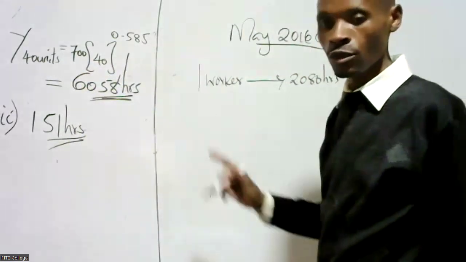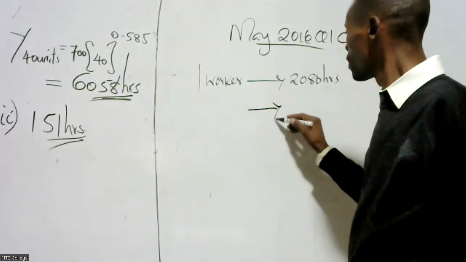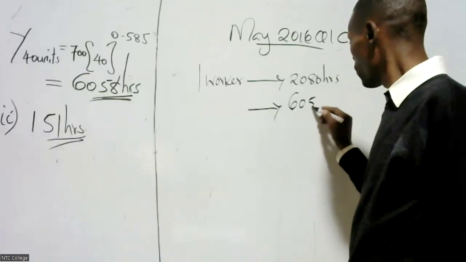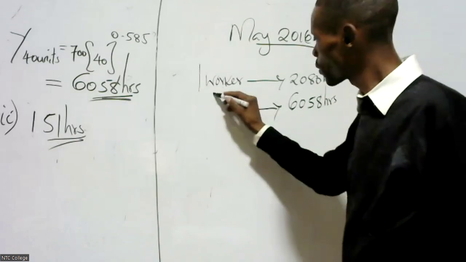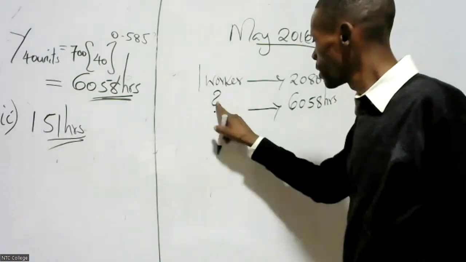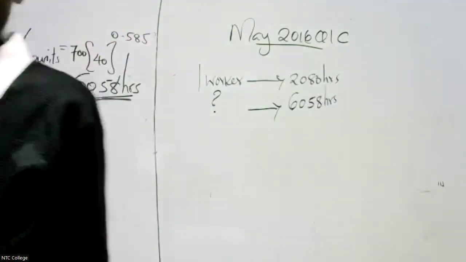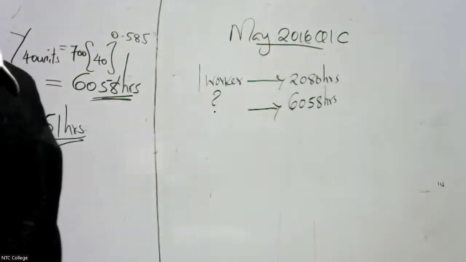Because the job requires 60, 58 hours, you cross multiply. What would be the number of workers? That is what was required. They are very easy. Just general knowledge.